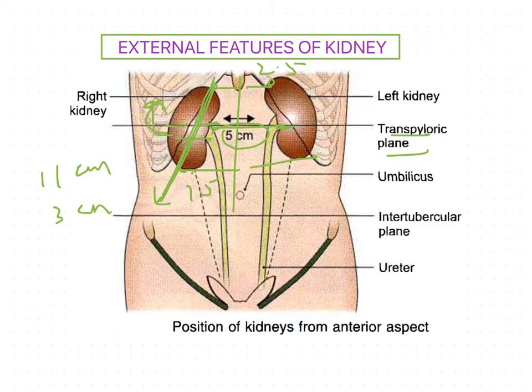So what will happen, due to this tilting, the hila are present more anterior than the lateral borders. That means the hilum is present more anterior than the lateral borders of the kidney.